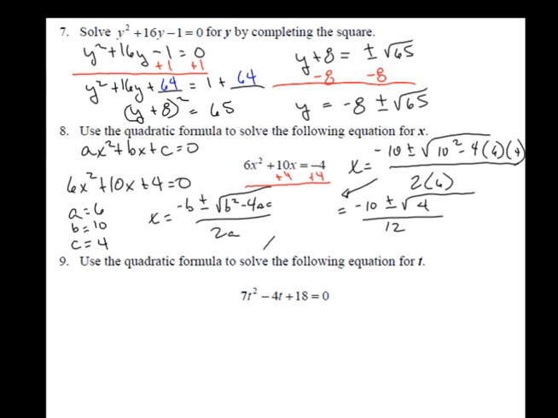So I now have x is equal to negative 10 plus 2 over 12. X is equal to negative 10 minus 2 over 12.